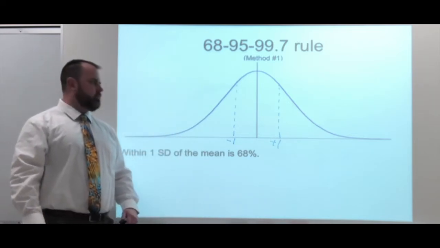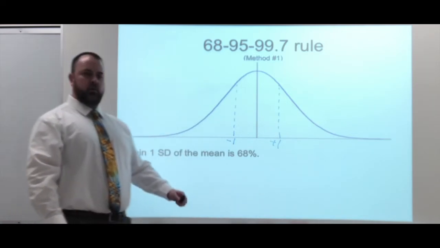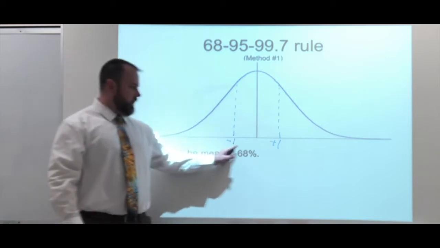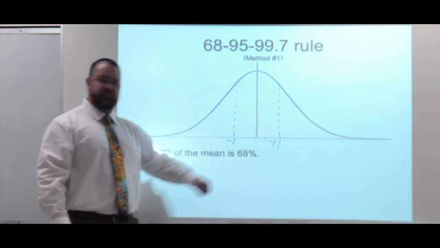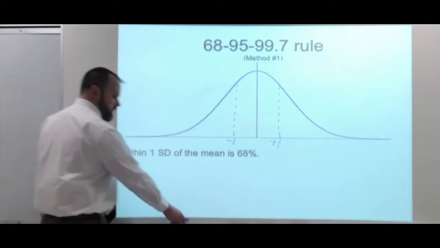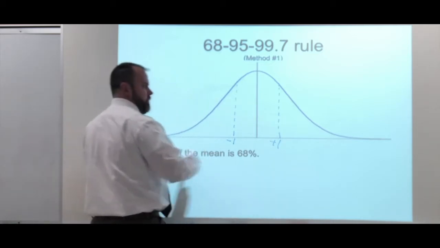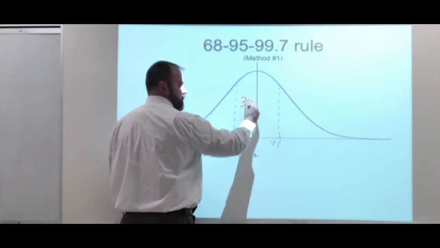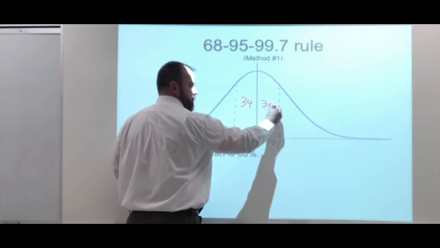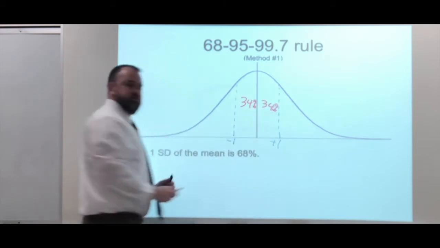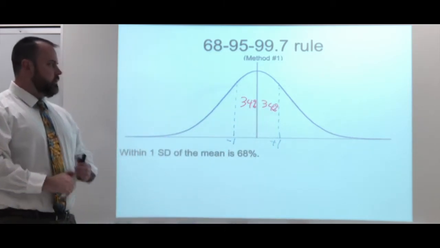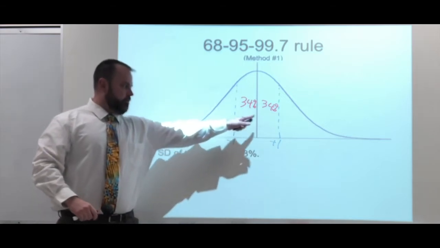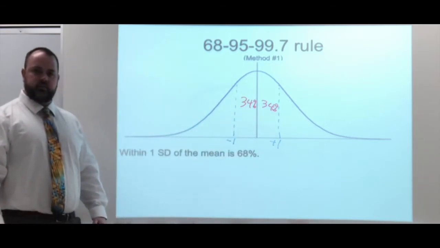I know I'm not perfect at measuring them out, but if they were symmetrical, within -1 and +1 standard deviation is 68%, which means each of those sections is 34%. Okay, 34 is giving us our 68%.